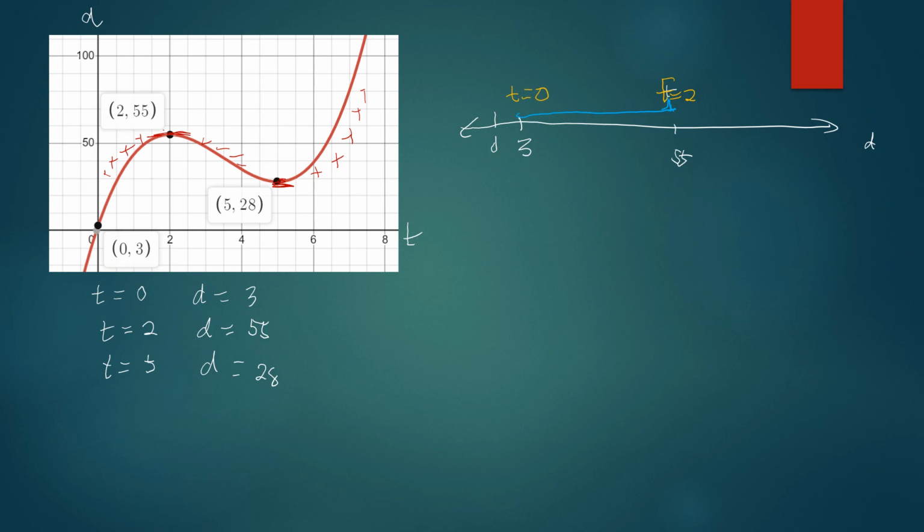We change direction going to this point at time equals 5, where we are at 28. And then when we reach that time 5, there is again a change in direction. So we move until we reach time 7.